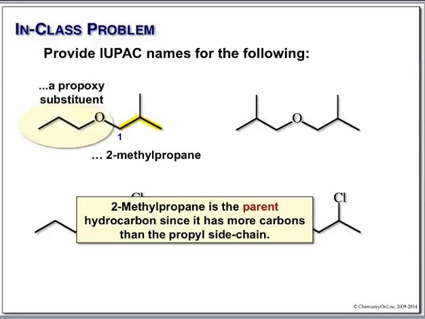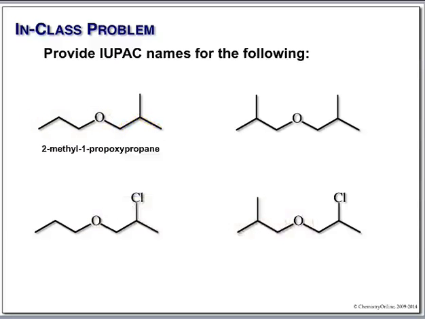We have a 2-methylpropane parent, and we have a 1-propoxy substituent. 2-methyl-1-propoxypropane. Working backwards, 2-methylpropane is our parent, that's this guy. 1-propoxy, as this guy, is a substituent.